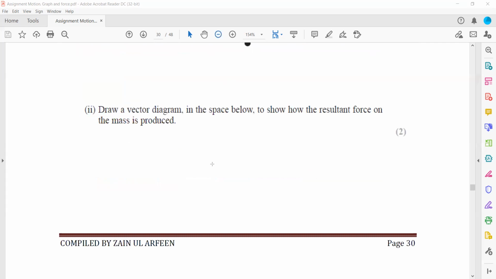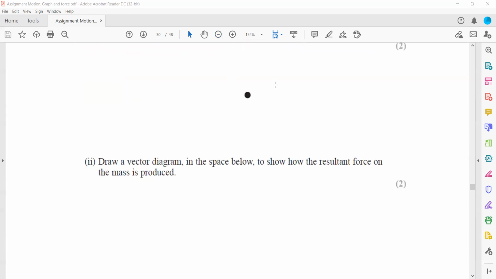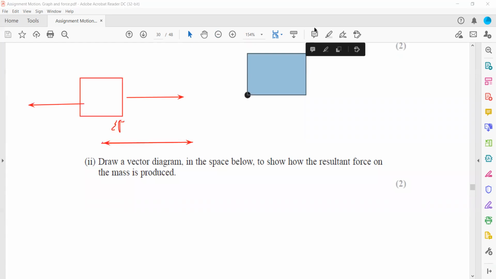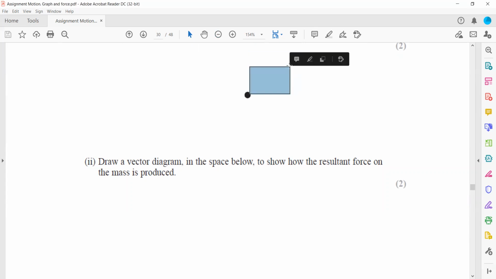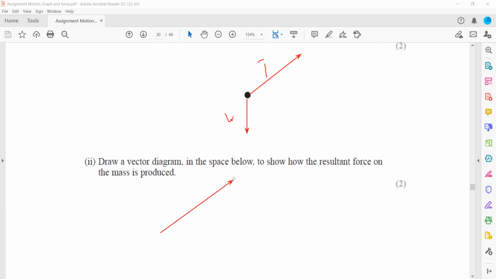So how can we show that? We already drew the arrows. There was a tension in the string and the weight is acting. So how do we show that there is a resultant? You can draw any one of the vectors first. For example, first I draw the tension and then I draw the weight.